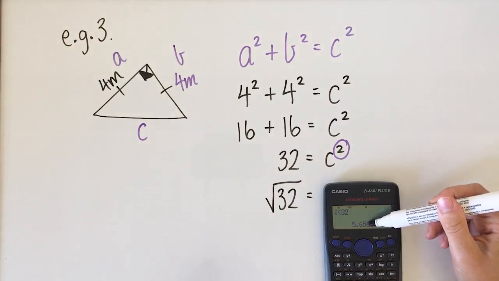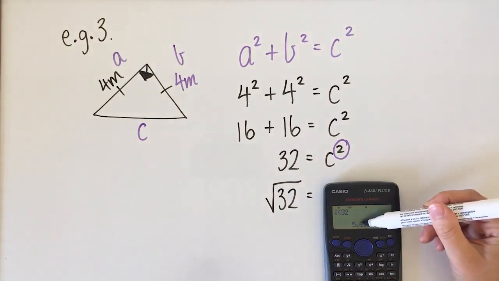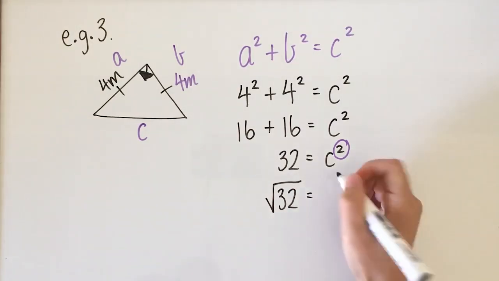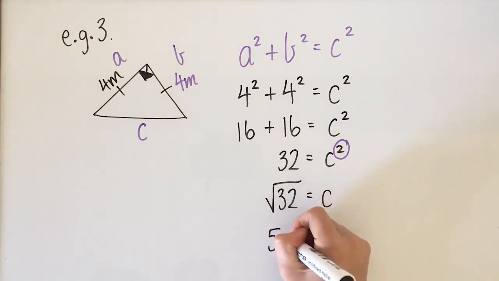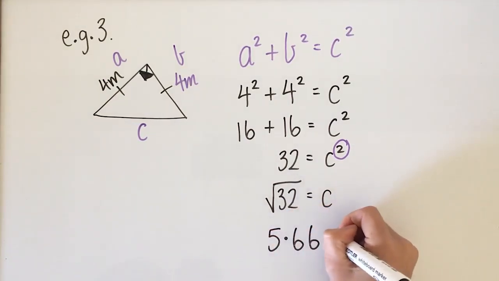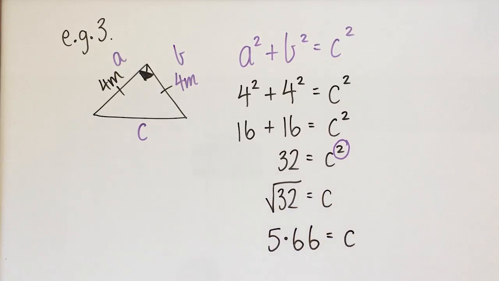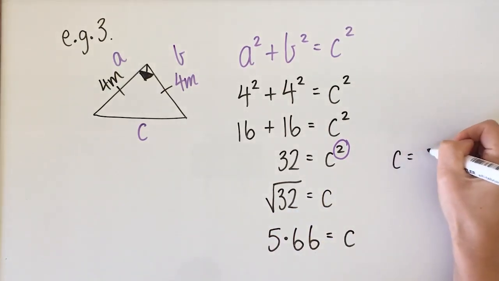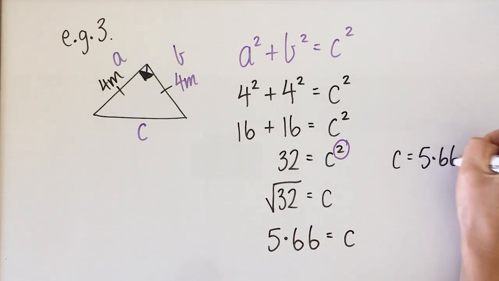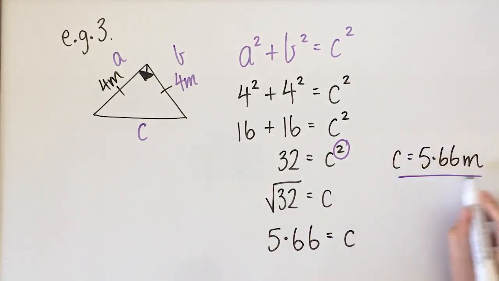The 6 tells us that we have to round up, so it's going to become 5.66. 5.66 is C. We can write that over here as C equals 5.66 meters, which you should do.